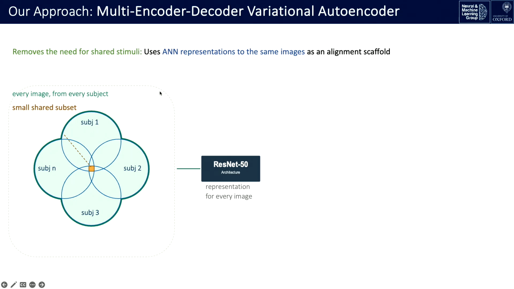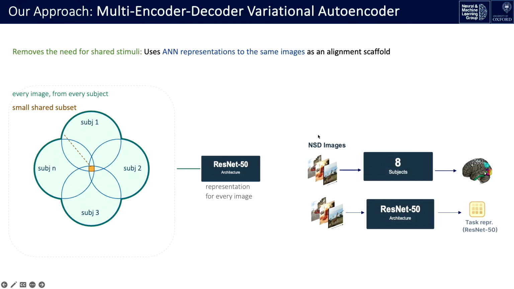So given a dataset that has a very small overlap like NSD or even not at all, we can feed all these different stimuli to an artificial neural network. Here we take a ResNet and get the representation for each of these stimuli.